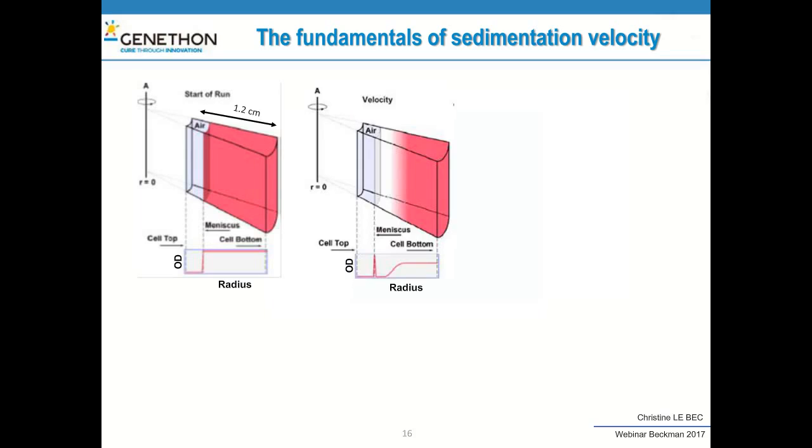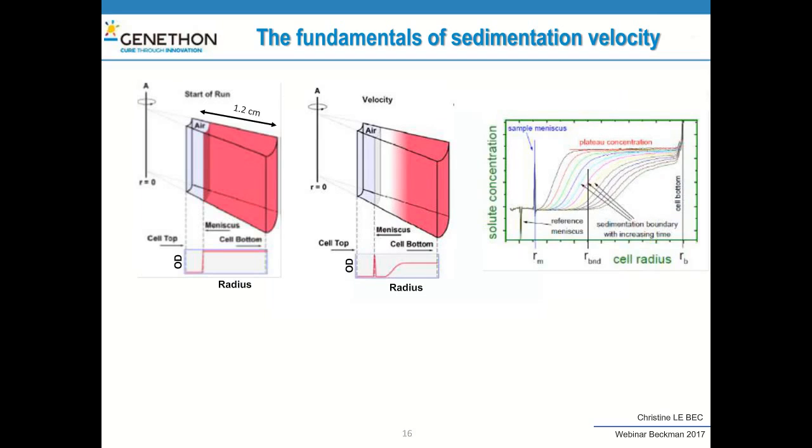When you start the sedimentation, you form a boundary over time. This boundary gives you a difference in OD between the meniscus and the bottom, and you can follow this boundary over time, either by OD or interference.